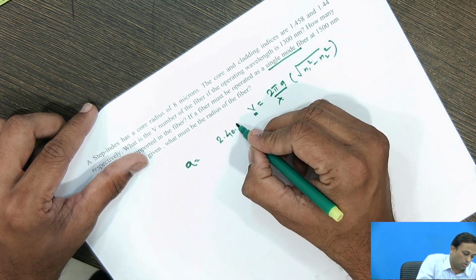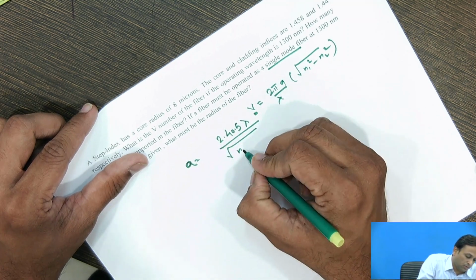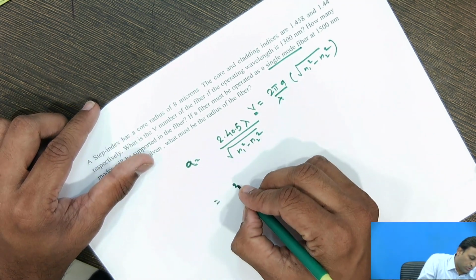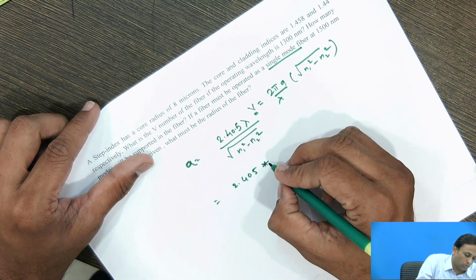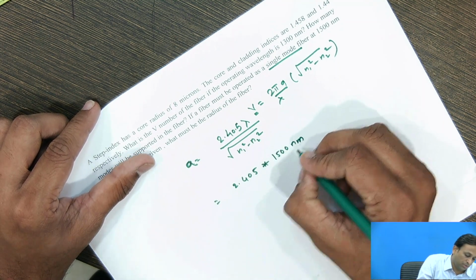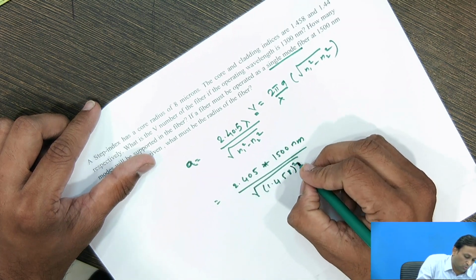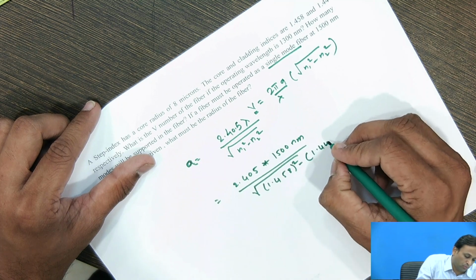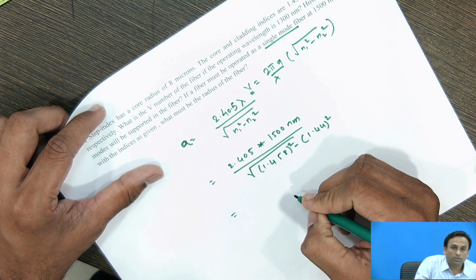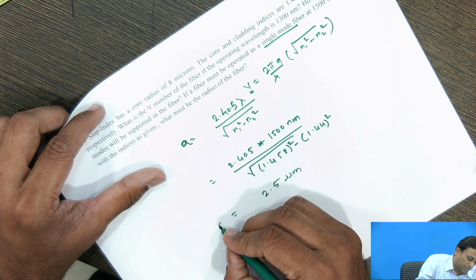So A equals 2.405 into lambda, 1500 nanometers, upon 2 pi into square root of the same indices, 1.458 square minus 1.44 square. When you calculate this, you get 2.5 micrometer radius.